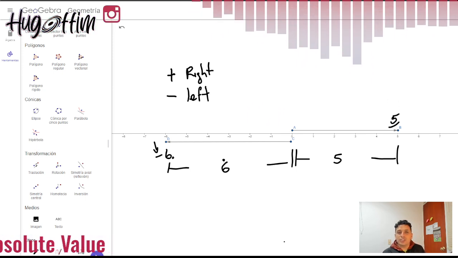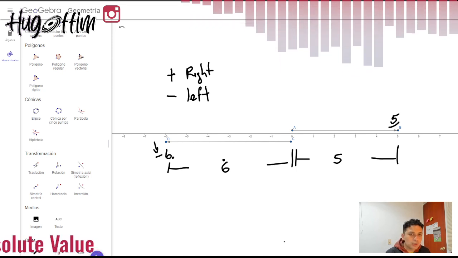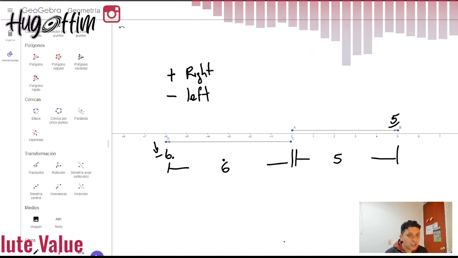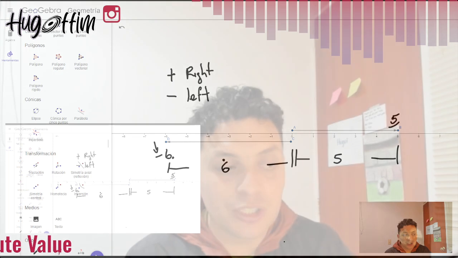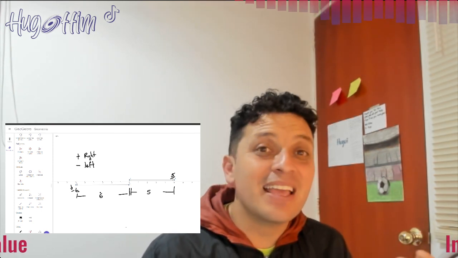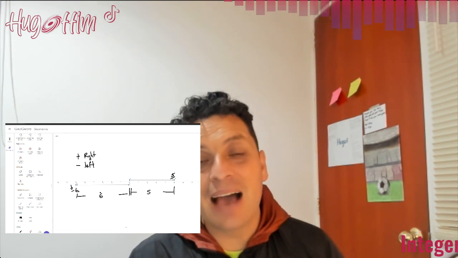If you understand what I'm talking about, an integer is an arrow, and the direction of the arrow tells me if it's positive or negative, and the length of the arrow tells me the absolute value. What is the absolute value? The length of this arrow, or the position until where the arrow goes.